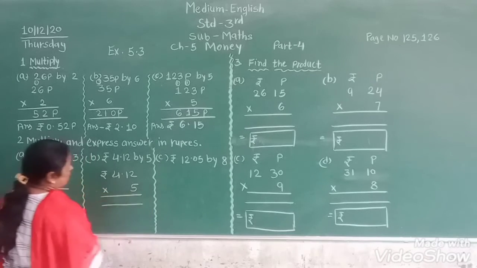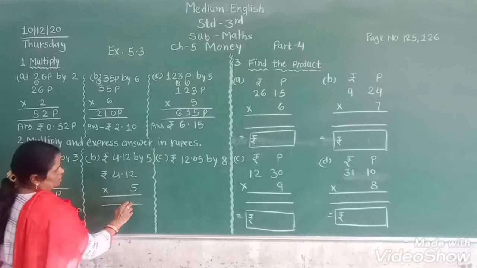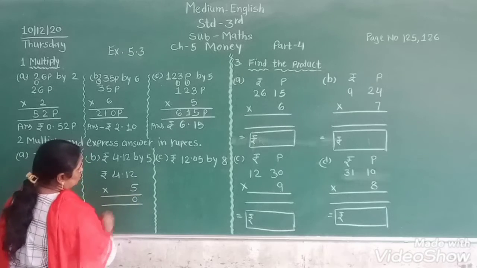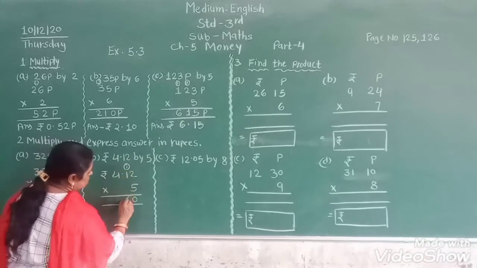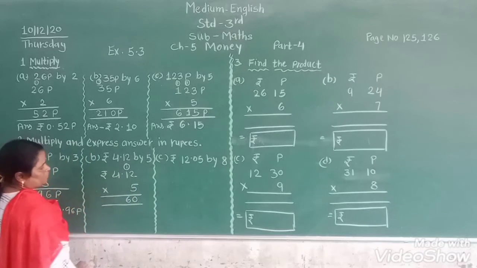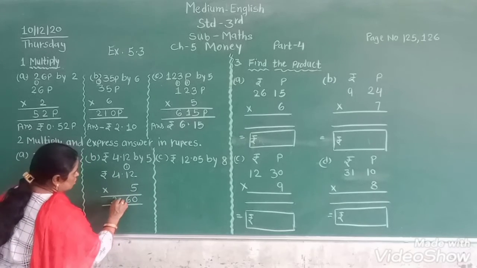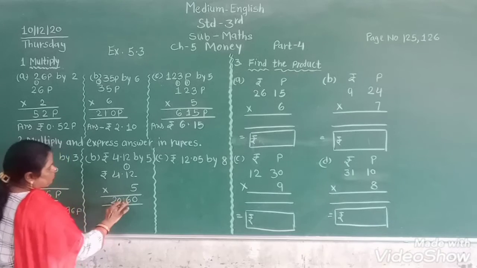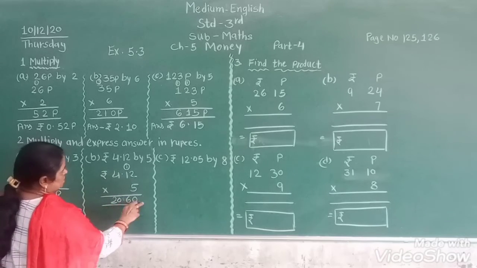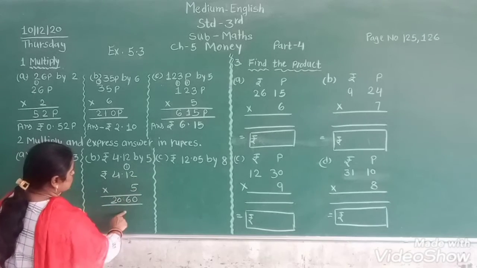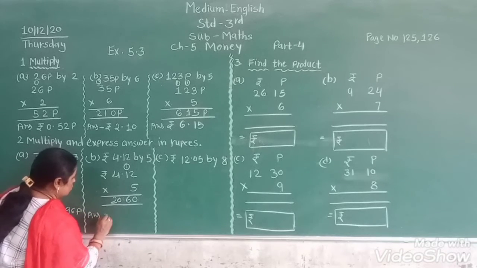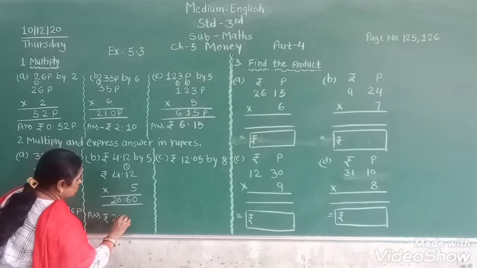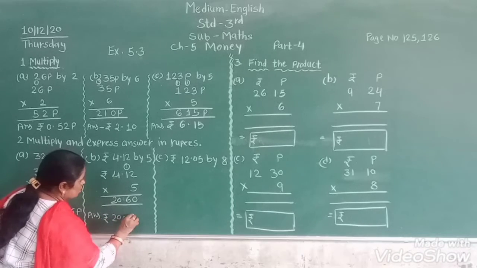Now we will do multiply by 5. 5 2s are 10. 0, 1 carry over. 5 1s are 5 and 1, 6. 5 4s are 20. Okay. Rupees 20 and 60 paise. We write answer in rupees. Rupees 20 and 60 paise.